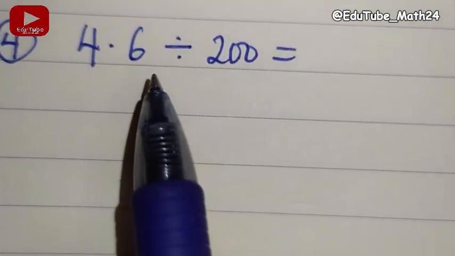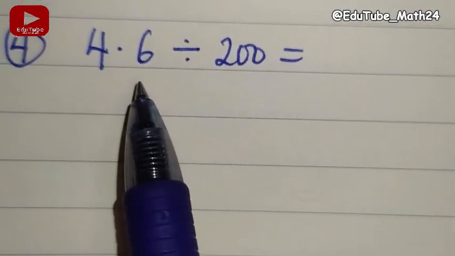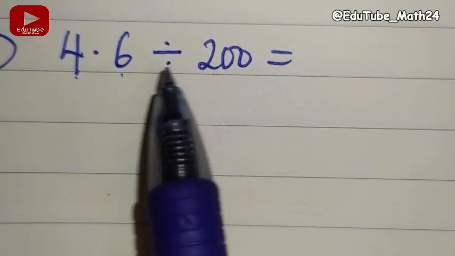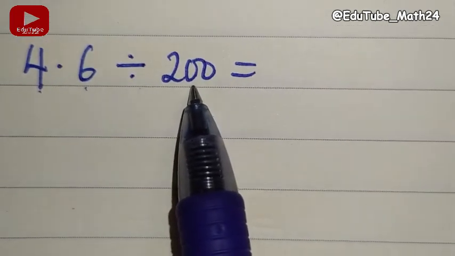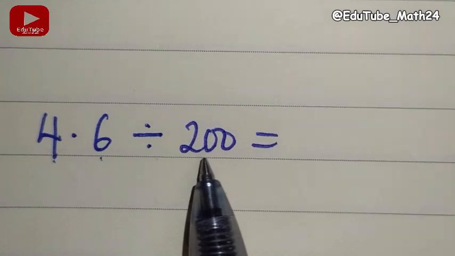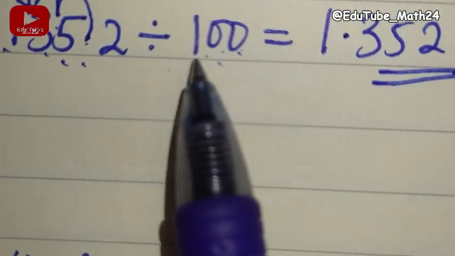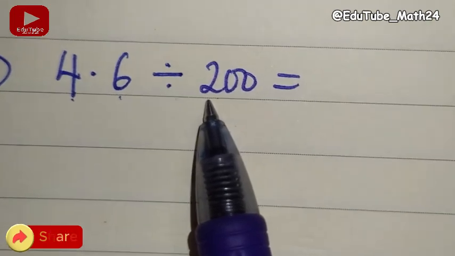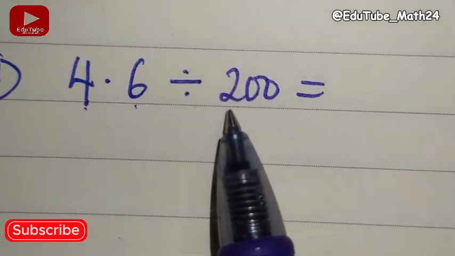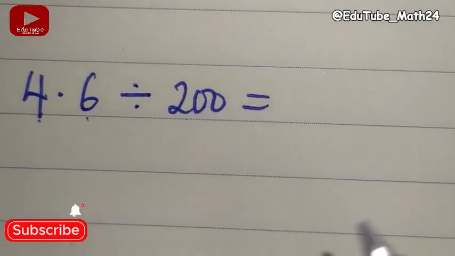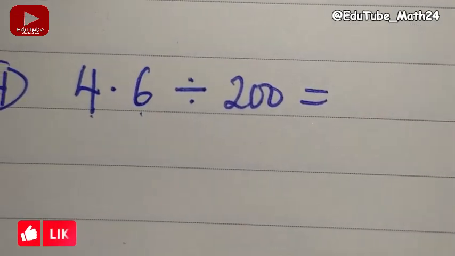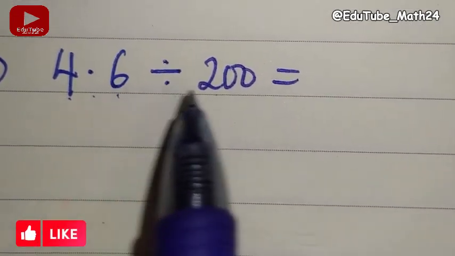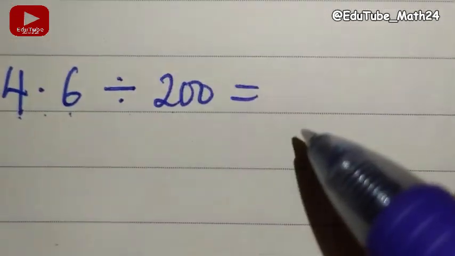Then in this example 4, we have 4.6 divided by 200. This is still a multiple of 10, but the difference between this and the first one is that the first digit is 1, while in this case the first digit is 2, which makes it a significant number to deal with. But it is still the same process with just slight differences. So to divide 4.6 by 200, what we will do is to expand the number.